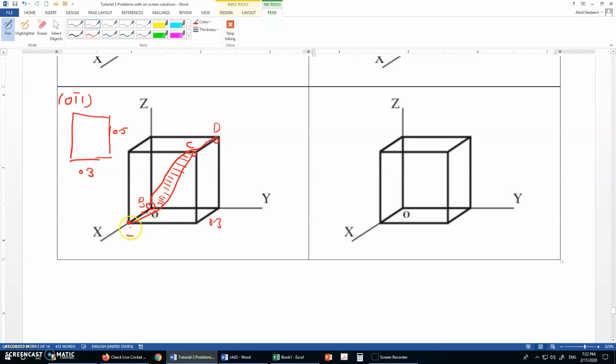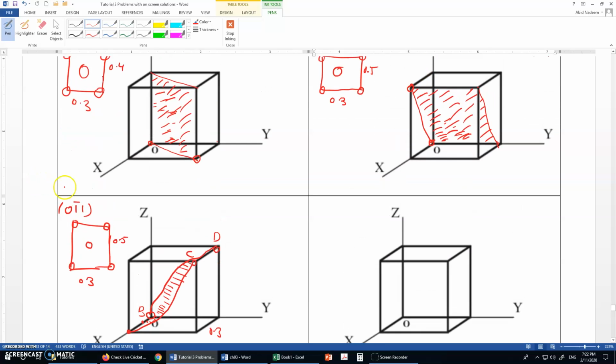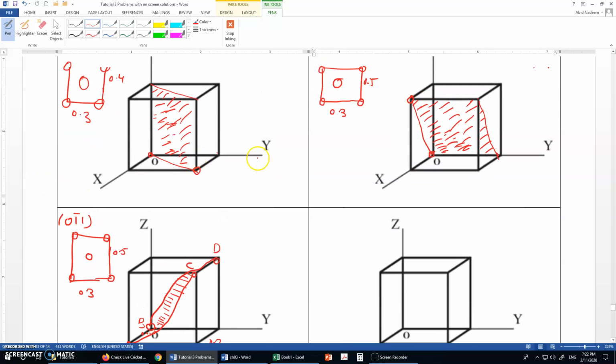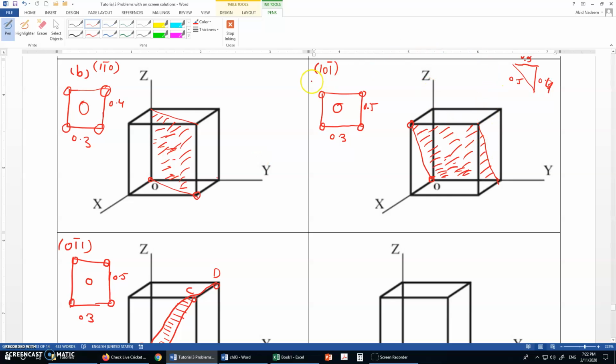It will be triangular. Okay, and then there will be 1 2 3 4. So the plane 0 1 bar 1 will be equivalent to the plane 1 0 1 bar, same dimensions.